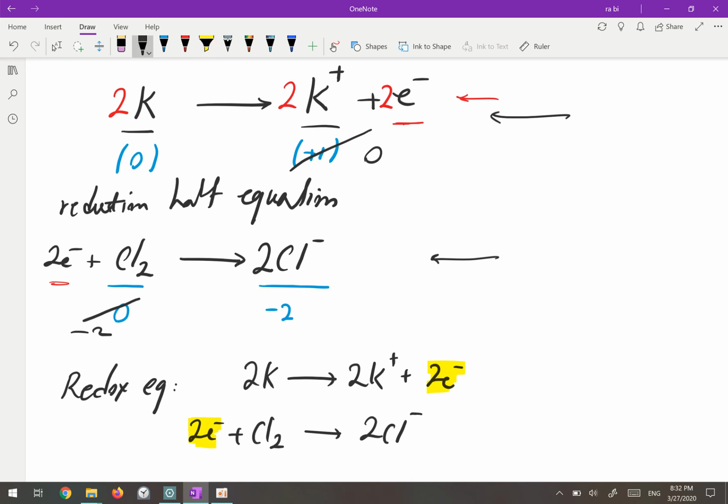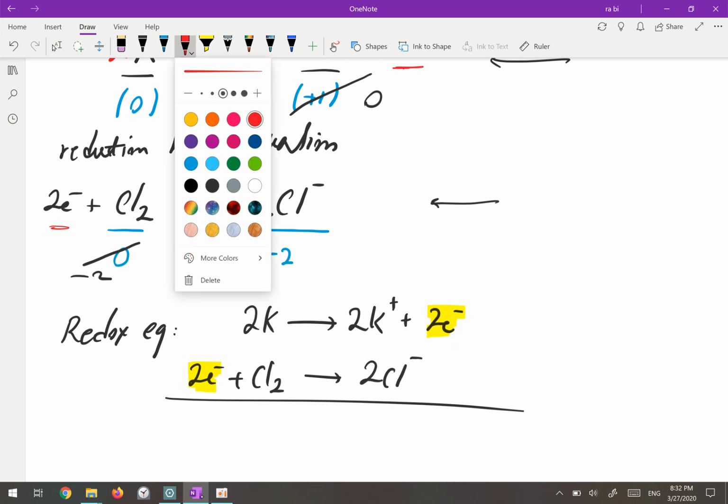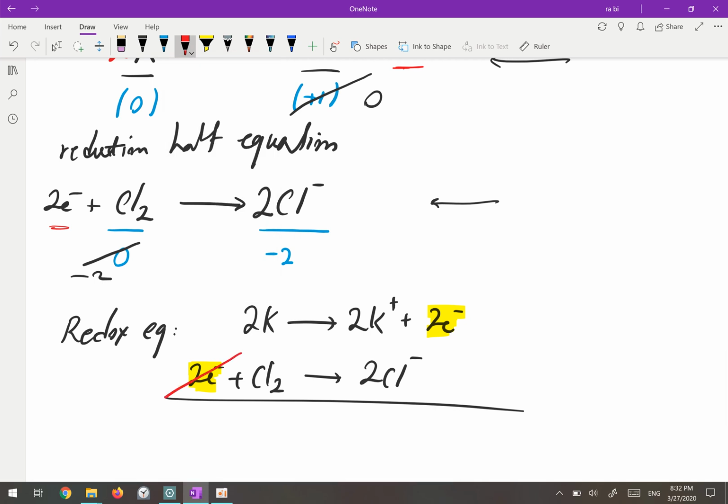Now I am adding these two half equations to make a redox equation. When I add these two equations, the electrons at the left side and right side cancel out each other. The rest of them I just add. So I have 2K plus Cl2 gives you 2K plus and 2Cl minus. This is the balanced redox equation.